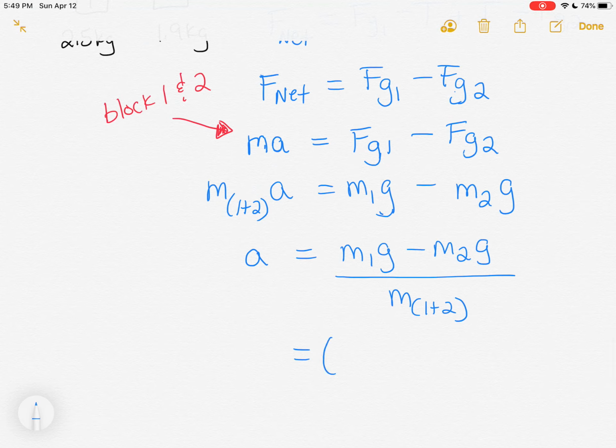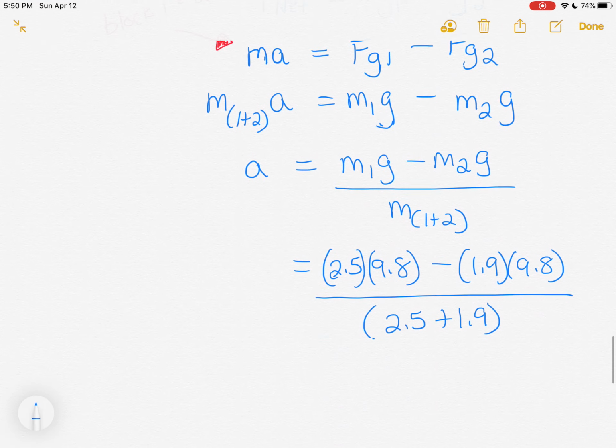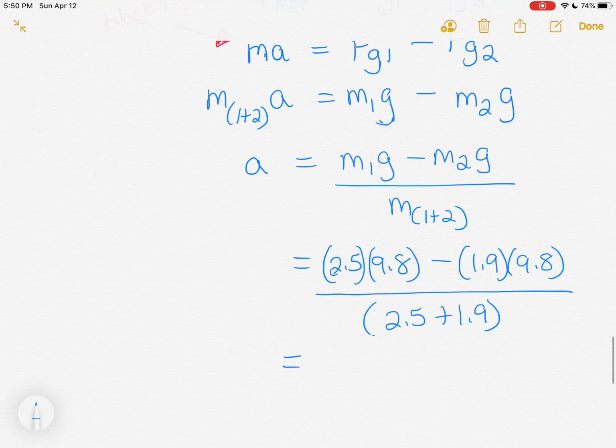So we're going to sub in our values here. Our M1 was 2.5 kilograms. G is 9.8. And M2 was 1.9. Again, G is 9.8. Then we're going to divide by our masses added together, 2.5 plus 1.9.